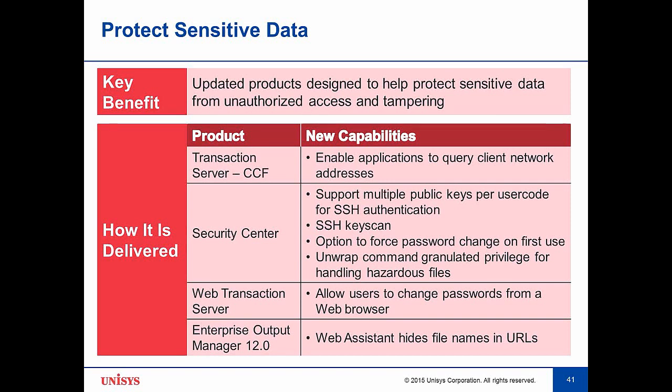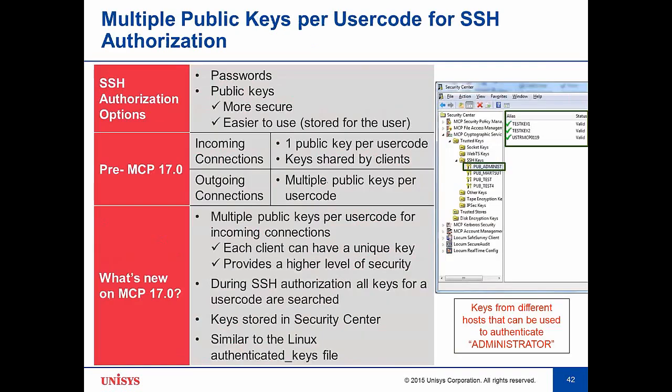Several of Security Center's enhancements are related to Secure Shell, or SSH. SSH has two authorization options. You can use either passwords or public keys. Public keys are viewed as more secure, and they're also easier to use. Now, in the past, for incoming connections, the MCP only supported one public key per user code, which meant that if you had several clients using the user code, they had to share a key.